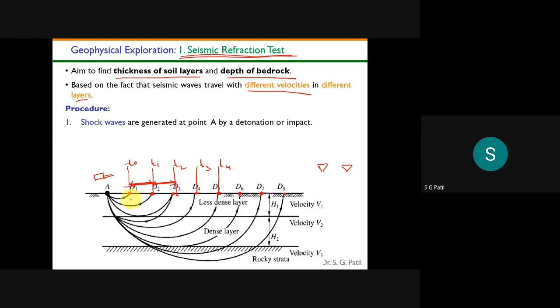How are these waves created? Just by hitting a hammer on the ground. Okay, what is the procedure here? You see, first let me erase this one.